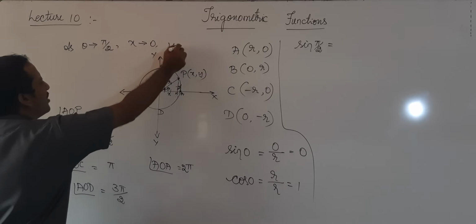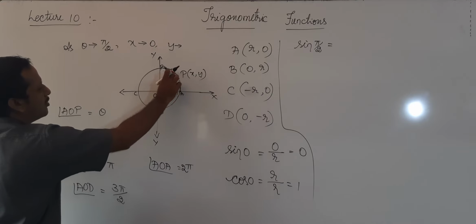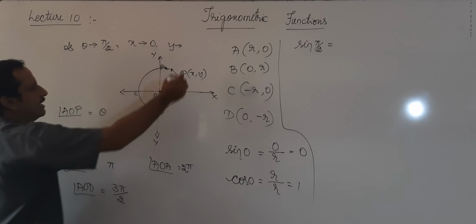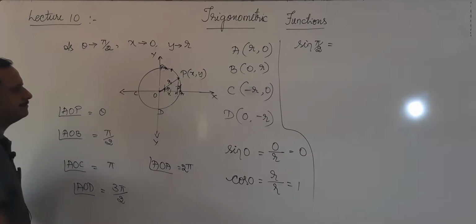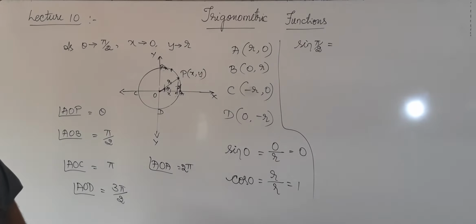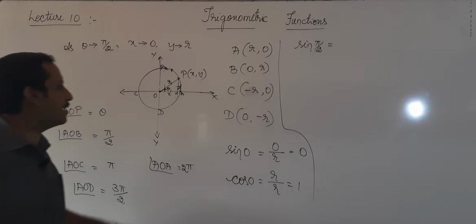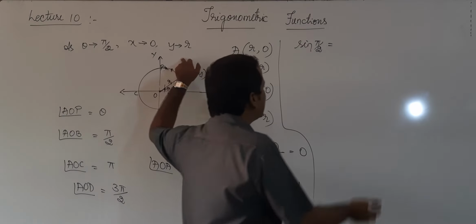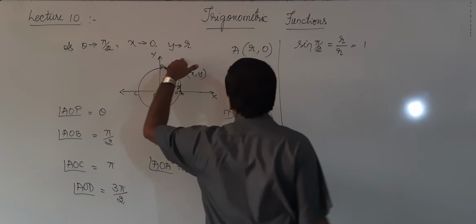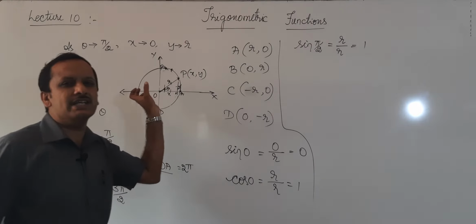And what happens to y? As P moves along this direction, this length goes on increasing and y tends to r. So sin pi by 2: sin theta is defined as opposite by hypotenuse, so y by r. Now y is tending to r, so it will become r by r, that is equal to 1. This r remains fixed, that is the radius of that circle.